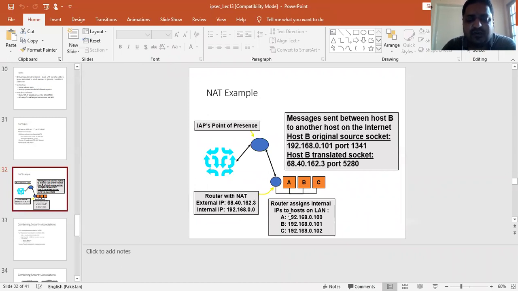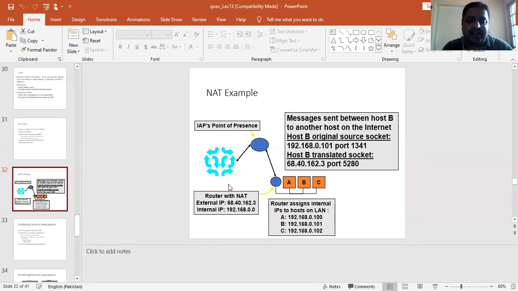So if any of the hosts is getting access to another network, it can use that public IP address to send data to other hosts, because inside the network private IP addresses are used, and outside the network public IP addresses are used.